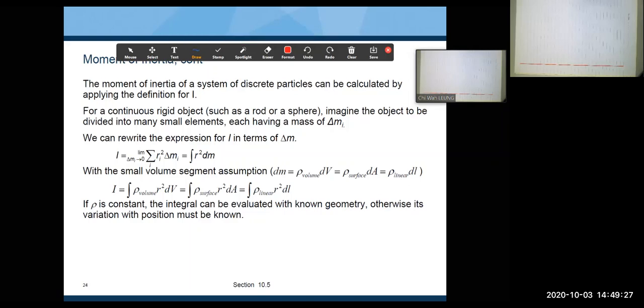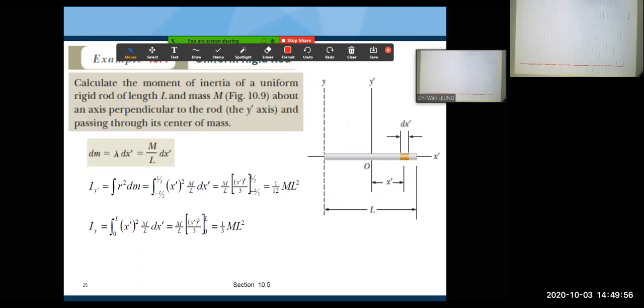But in the next few slides, we will show you a couple of examples of how they could be derived. The trick in many cases is to change the small mass to have some relation with the radius from the axis of rotation. So that is the usual idea of calculating the moment of inertia. For example, here you have the case of a rod rotating about its center.